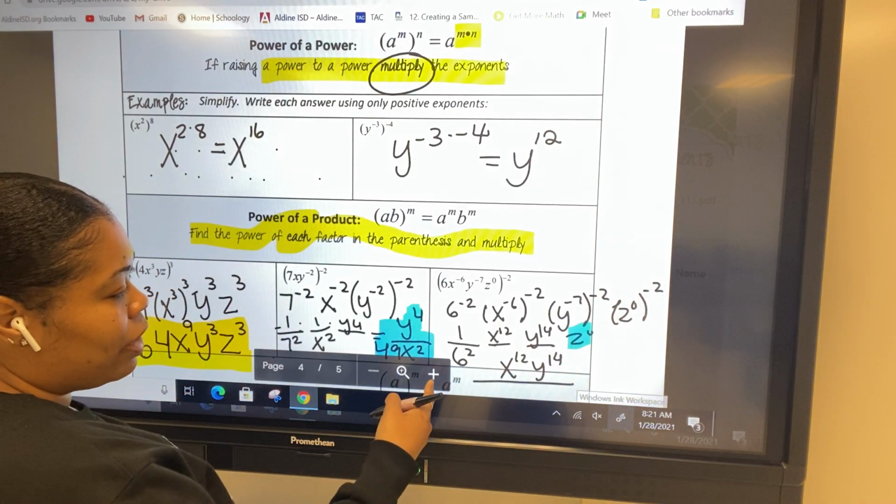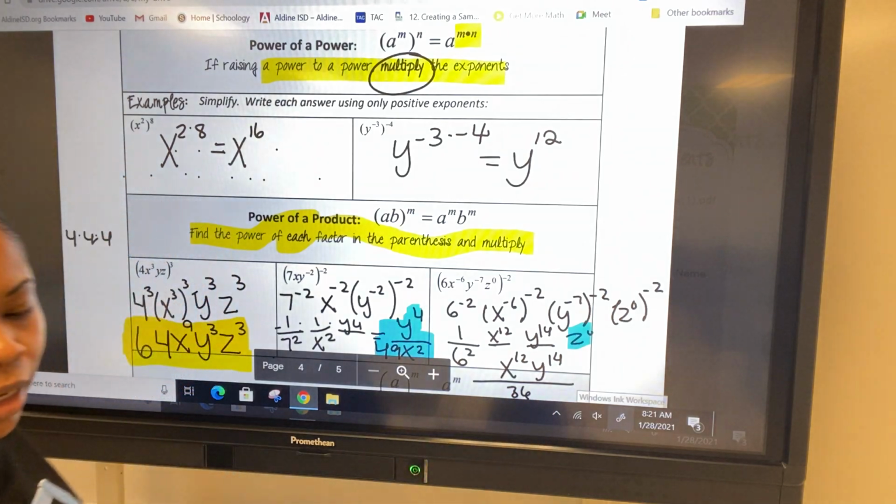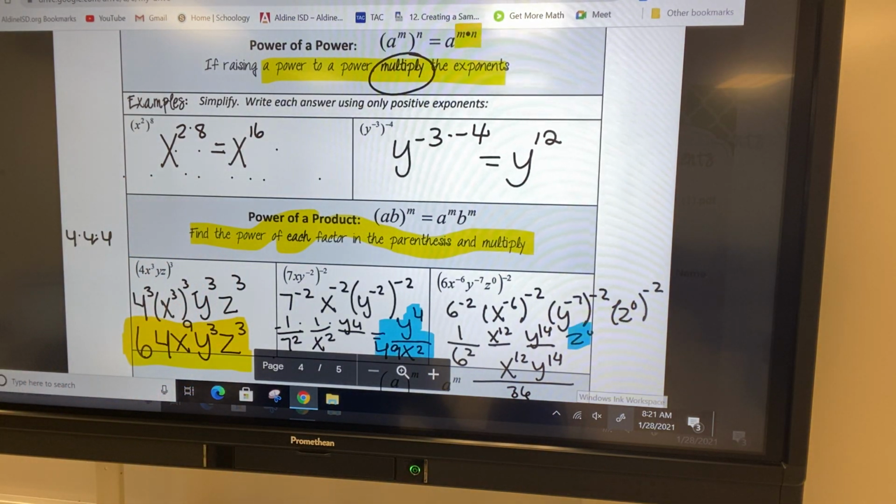And then in the denominator, we have 6 times 6, which is 36. And so this ends up being our final answer: x to the power 12, y to the power 14, and then in the denominator we have 6 squared, which turns into 36.